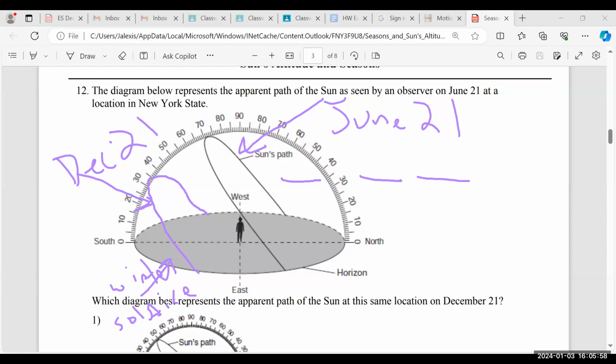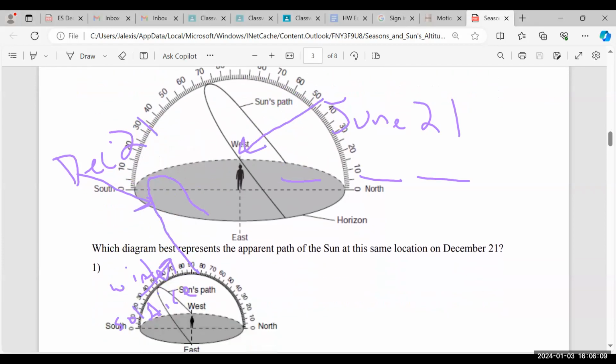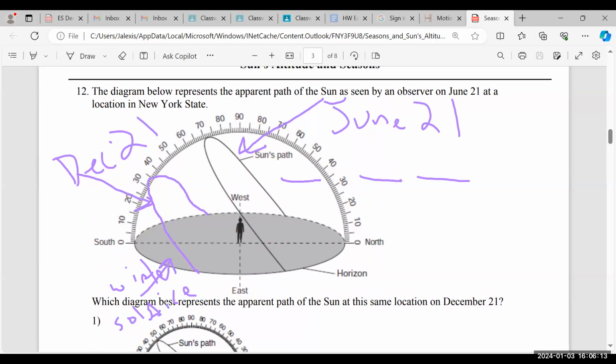And remember, the sun rises southeast and sets southwest. So which diagram looks very similar to what I just drew up here? Remember, the key thing is where it's starting. I'm starting between south and east, right here, and I'm ending between south and west, right here.